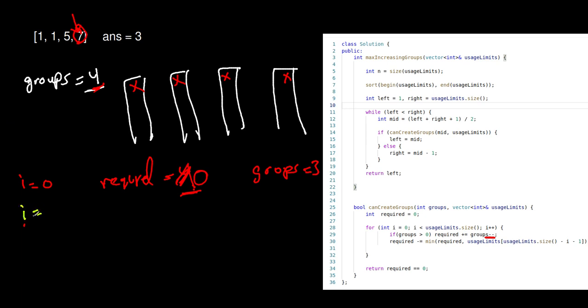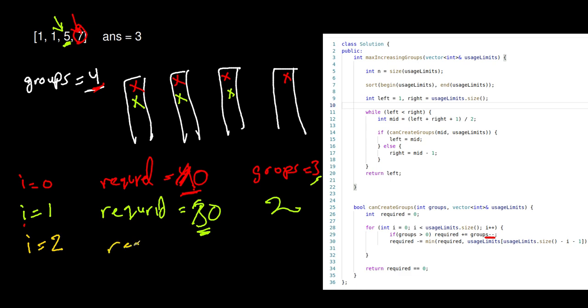For I equal 1, required is 3, and the groups is 2. Now the minimum of 3 and 5 is 3, so we take 3 elements from 5, and now this is 0. For I equal 2, required is 2, and the groups is 1.